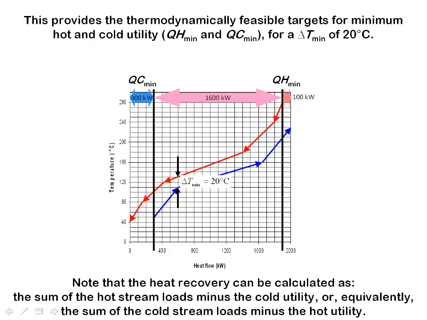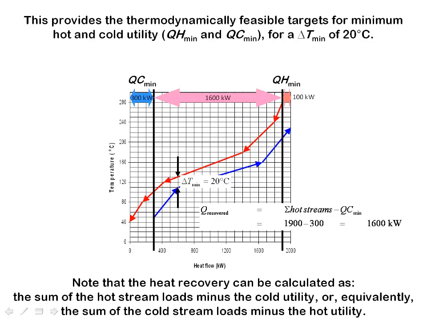That makes sense. So, for our particular example then, Q recovered is the sum of the hot streams, which we remember our hot streams had 1900 kilowatts of heat that we needed to get rid of, minus the cold utility, which we've identified here as 300 kilowatts.